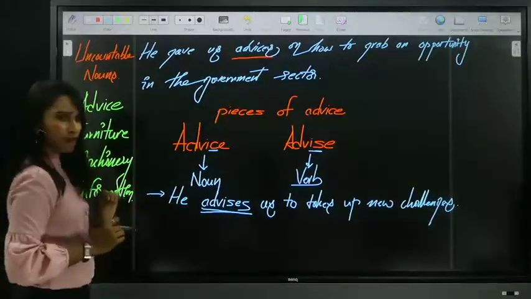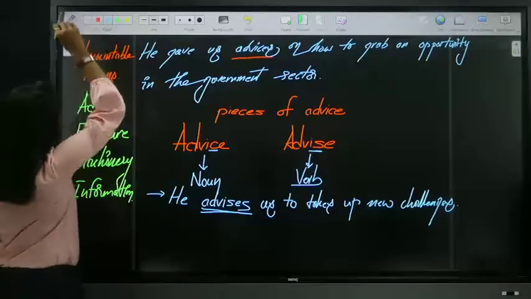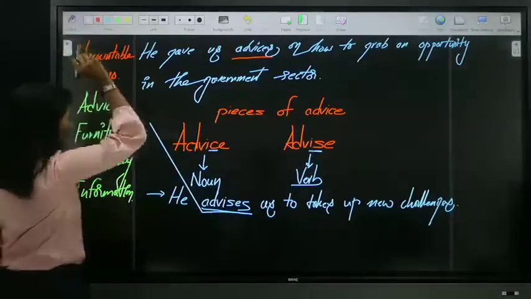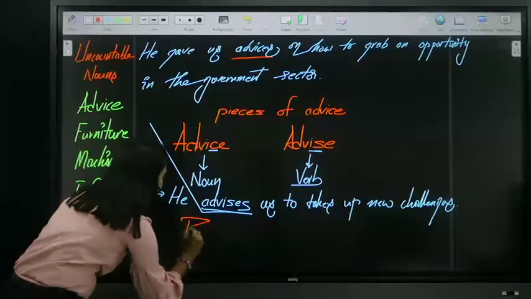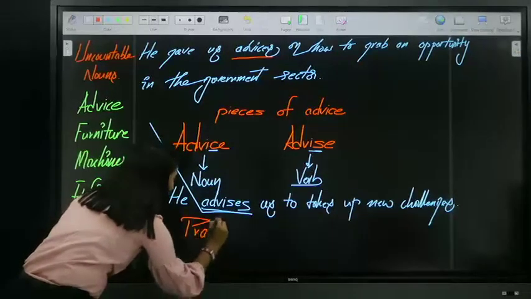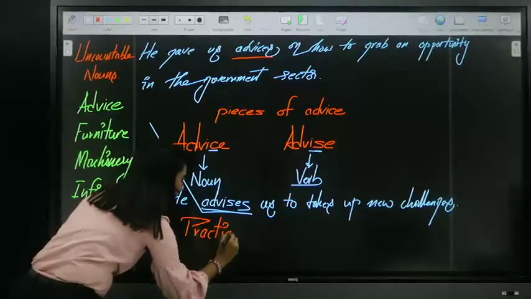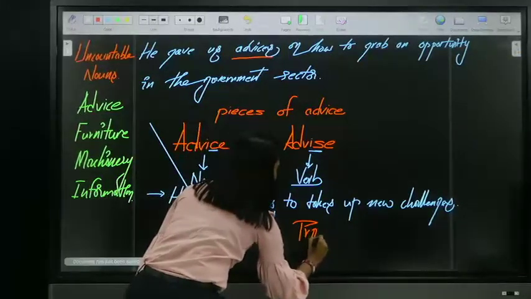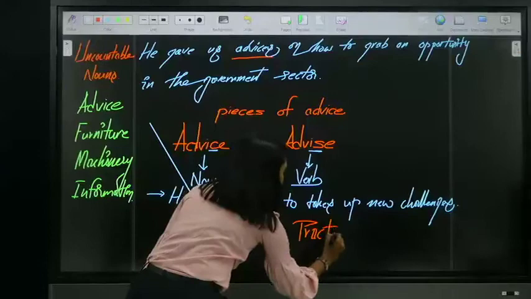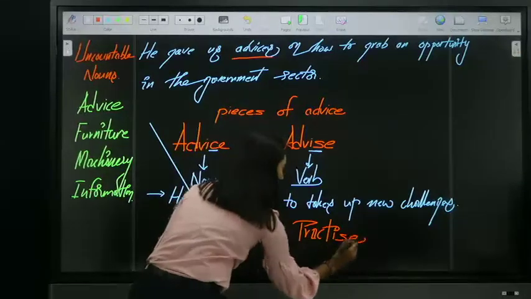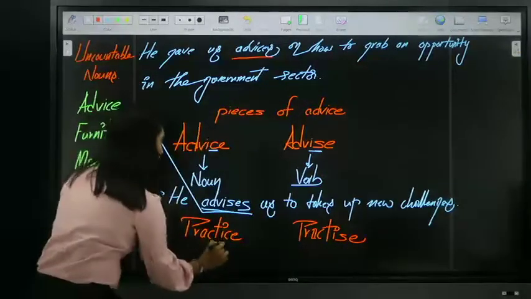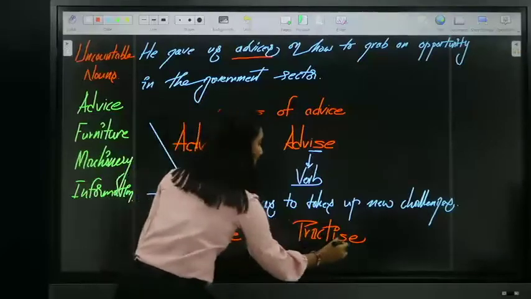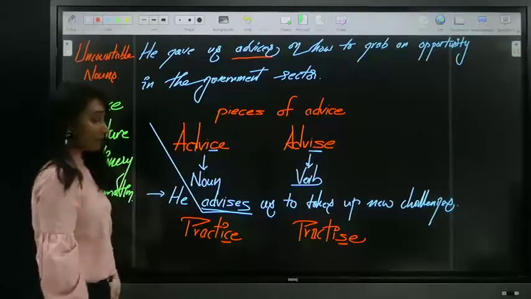In the same way, there is one more set. Let me talk about that set too. Practice, with CE, and practise, with SE. CE is a noun, SE is a verb.